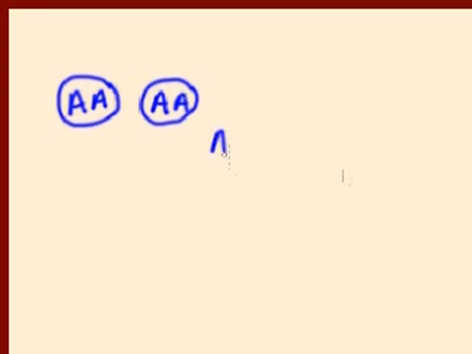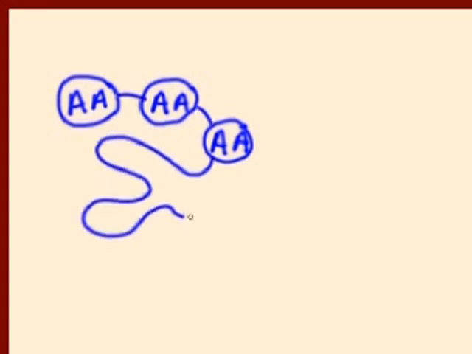So if we have here an amino acid, an amino acid, an amino acid. So if we have a string of these amino acids, a long string of these amino acids, we call this a protein.